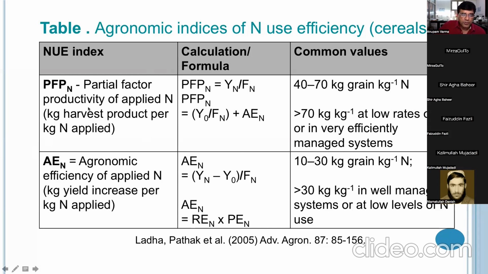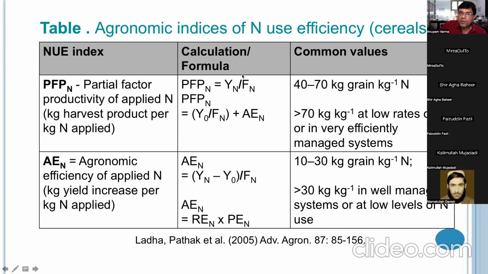So now the first nutrient use efficiency index is PFPN, partial factor productivity of applied nitrogen. This is kg harvest product per kg of nitrogen applied. So here, what you are doing, partial factor productivity is yield divided by fertilizer nitrogen applied.